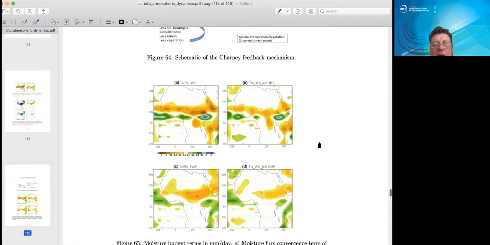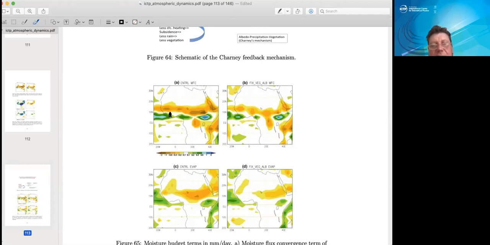And then this is also an application for the vertically integrated moisture flux equation and the moisture balance equation. So we can investigate how much in the Sahel this rainfall change is induced by moisture flux convergence or local evaporation changes.